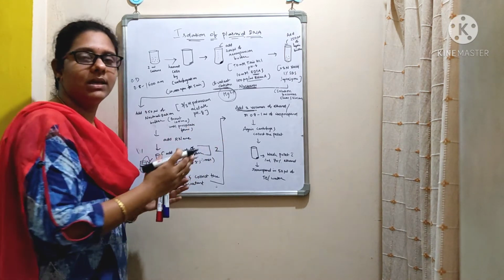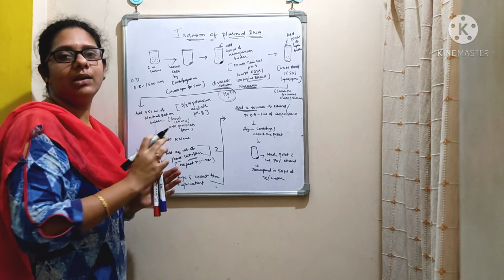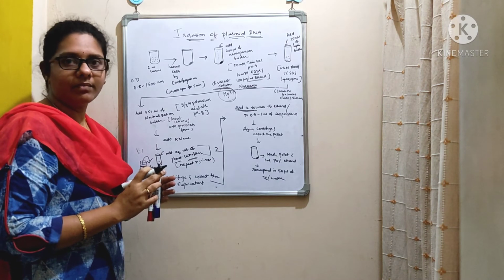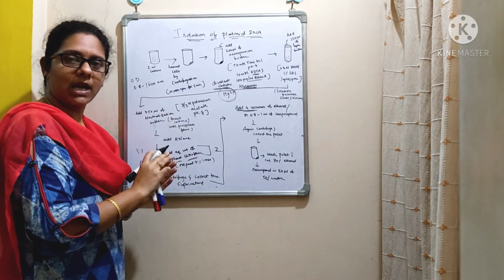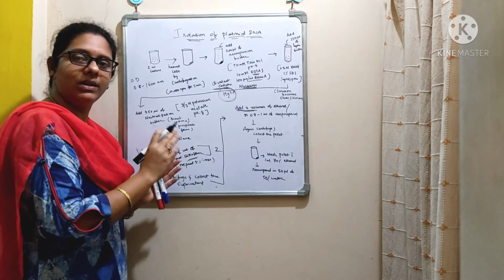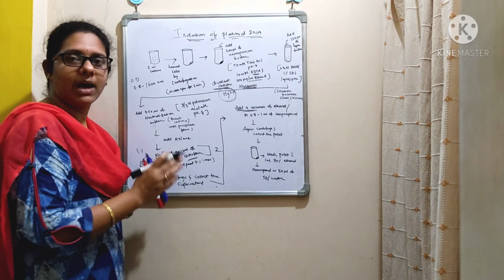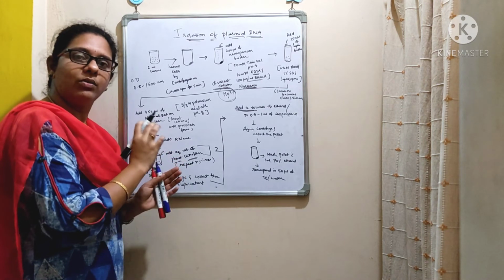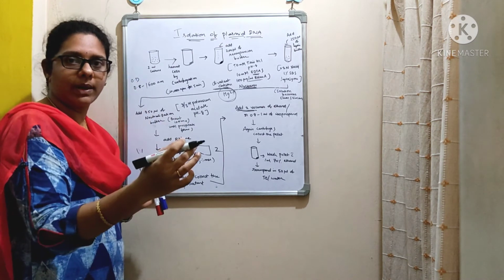So what happens here with the addition of alcohol, ethanol? Plasmid DNA will get precipitated. Here we have already separated the chromosomal DNA from the plasmid DNA. All the cell debris will be settled at the bottom of the organic phase by centrifugation, and we collect only the supernatant, that is the aqueous phase, into a fresh Eppendorf tube.